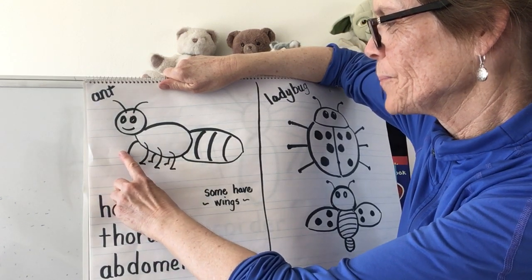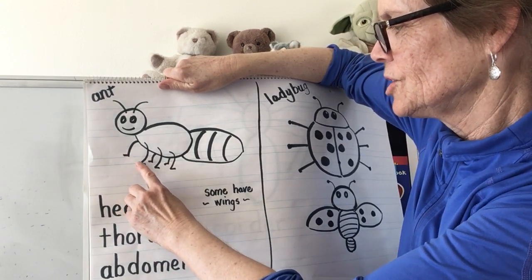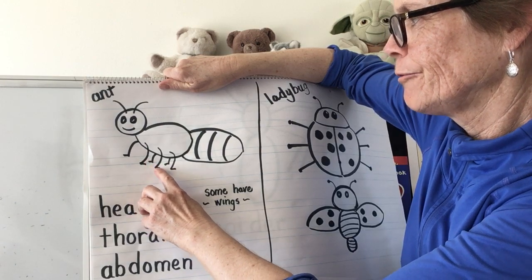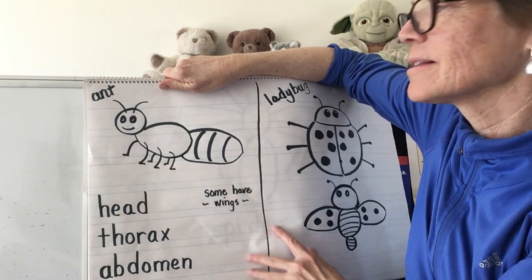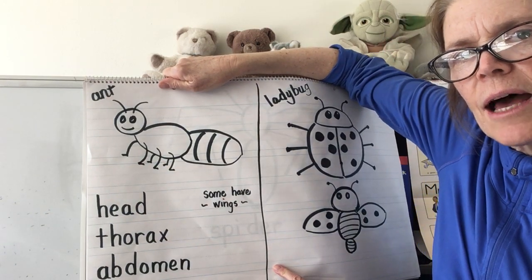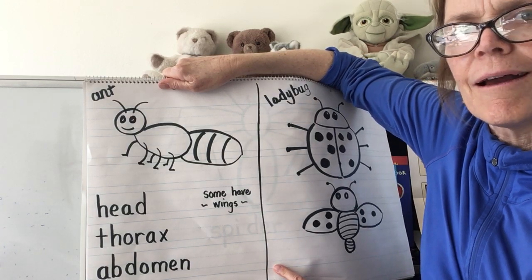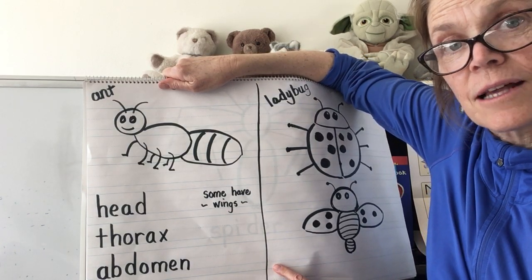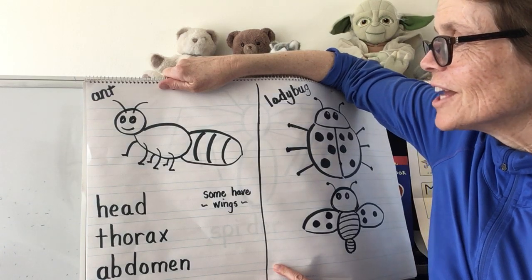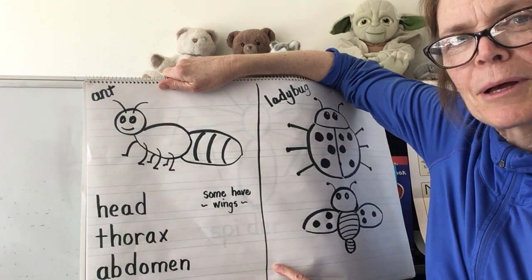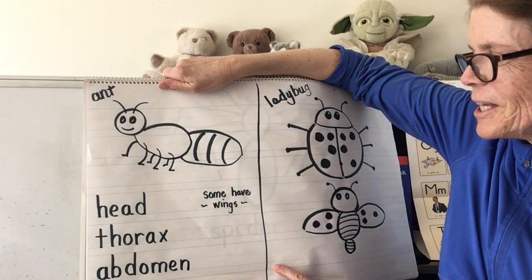Let's count them. The legs: 1, 2, 3, 4, 5, 6. When you were out on your bug hunt, how many of you found ants? I have ants all over my house, inside my house, outside my house. I hope you didn't find any ants, but they're very common.